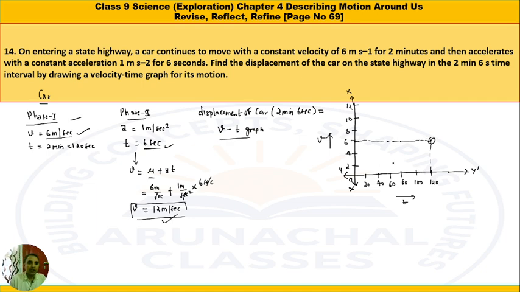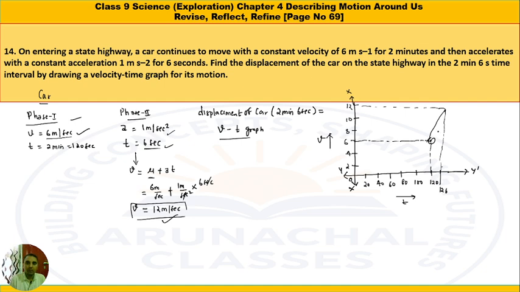For the next 6 second, let it be here, it is representing 126 second. So for the next 6 second, the acceleration is 1 meter per second square, and according to that acceleration, it has achieved a velocity of 12 meter per second. So at 126 second, from here to here, the slope is very flat, and it becomes steeper now.